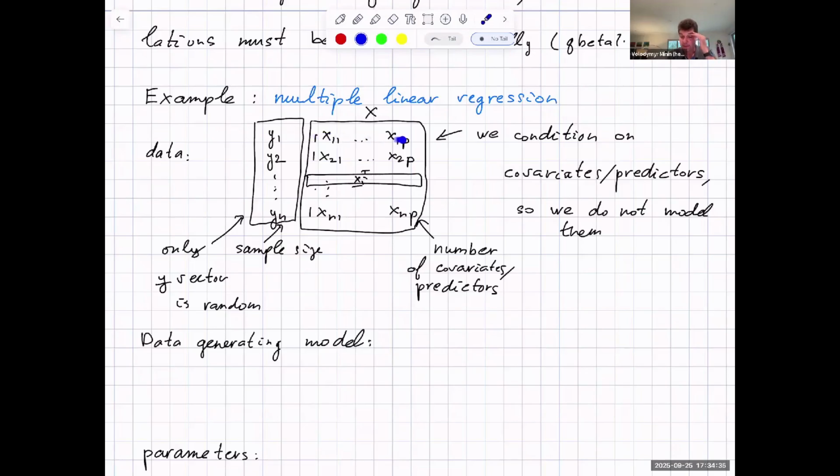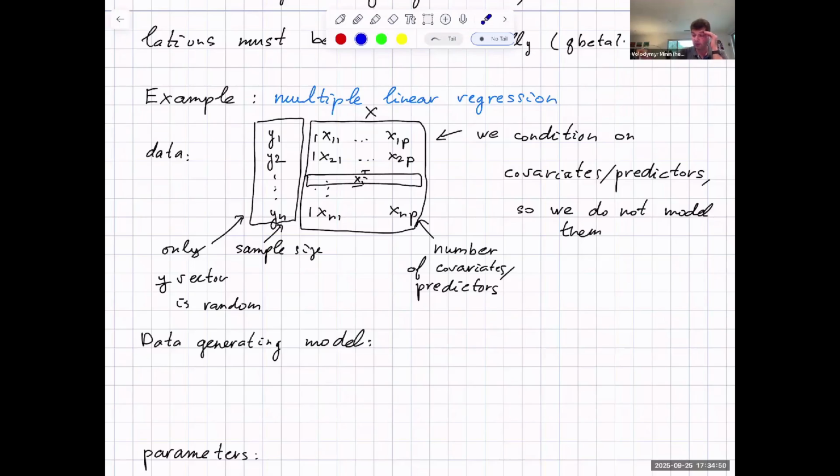These are called features in machine learning. In statistics, we usually say covariates or predictors. The goal is to build a model that, given x, predicts y.